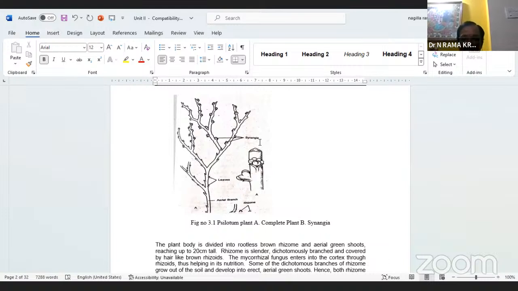The primitive vascular cryptogams are very simple and dichotomously branched. Some branches of such a sporophyte developed sporangia at their tips and are represented as the fertile telomes.